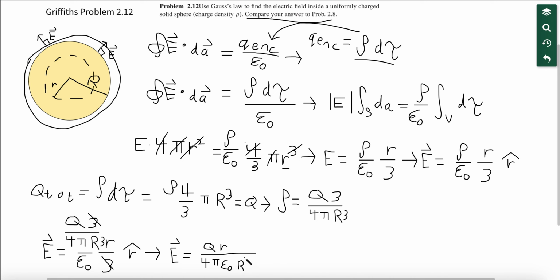There we go. And we just need to write one more thing, which is our hat. And with this, we have a way to compare our answer to problem 2.8.